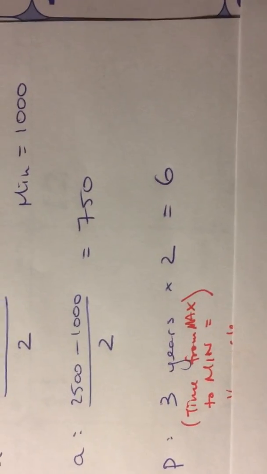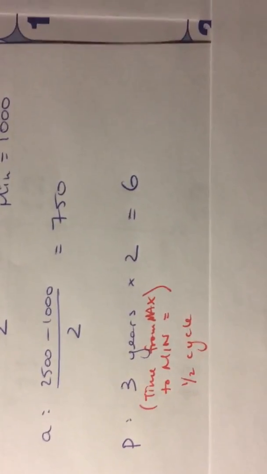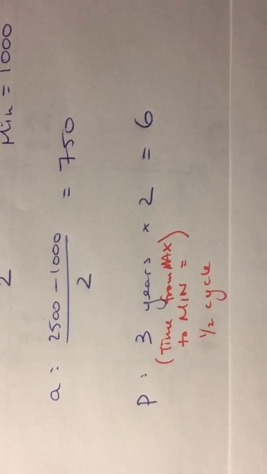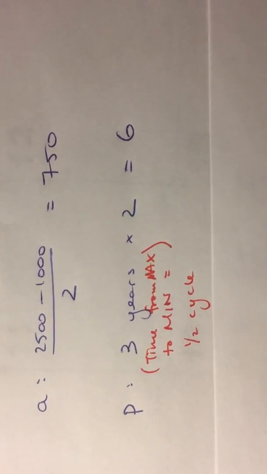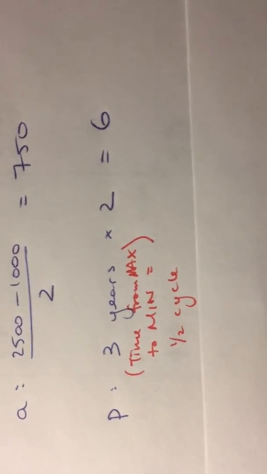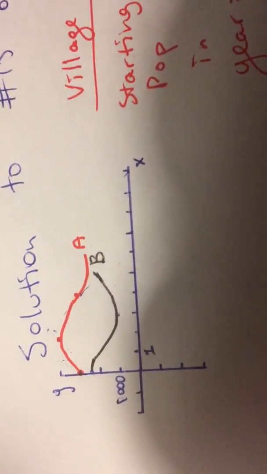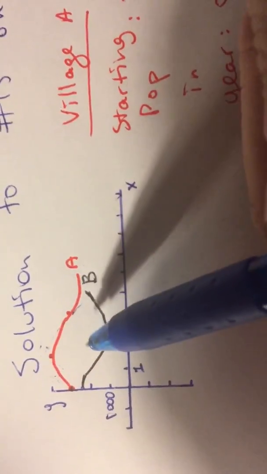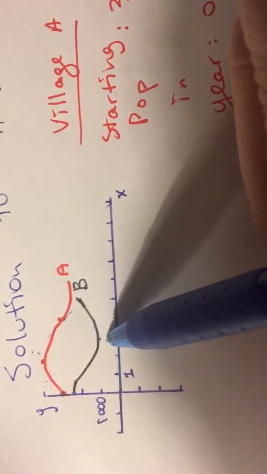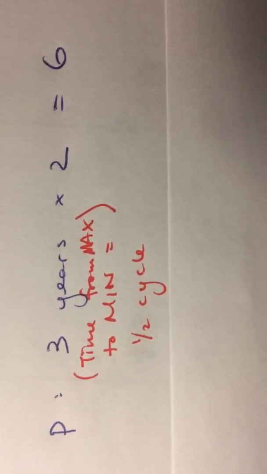P, the period, is 3 years times 2. Why is that? We can measure the period of a cycle by going from peak to peak or valley to valley. Now we don't have that ability here because we don't have a full cycle shown, but what we do have is the distance from a peak to a valley, and that indicates half a cycle.